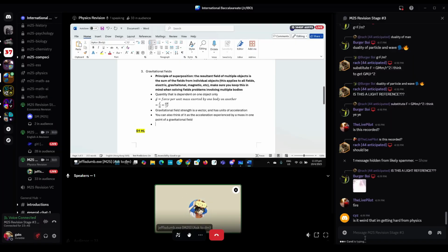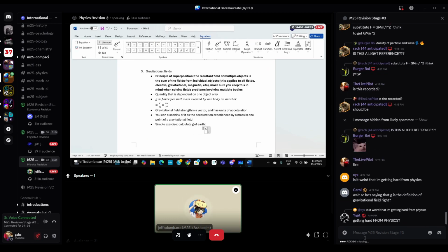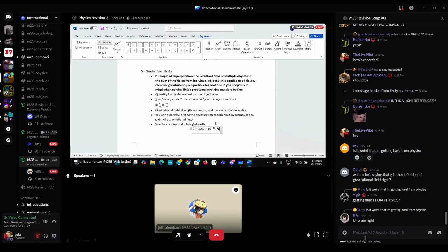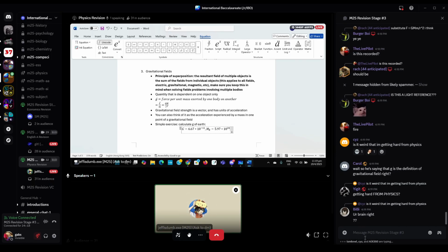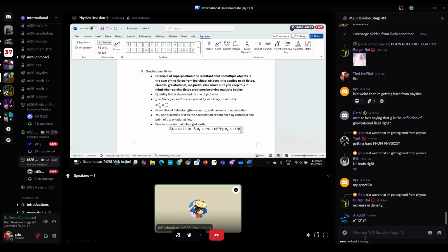Just as a simple exercise, calculate g of Earth. I'll give you 2 minutes for this. Some key data: G equals 6.67 times 10 to the minus 11, the mass of the Earth equals 5.97 times 10 to the 24 kg, and the radius of the Earth equals 6370 kilometers.